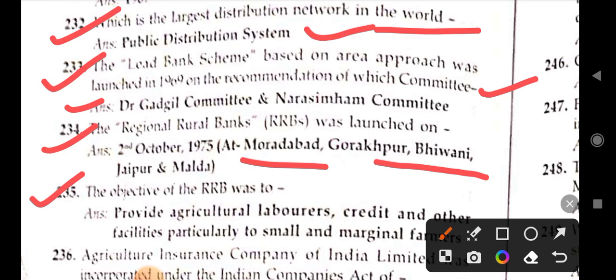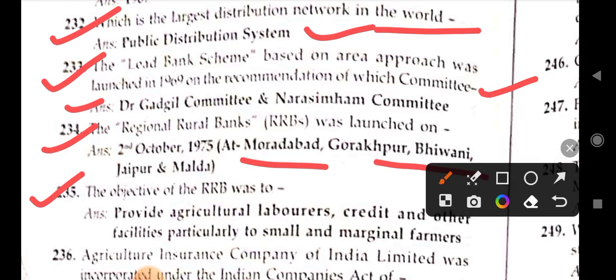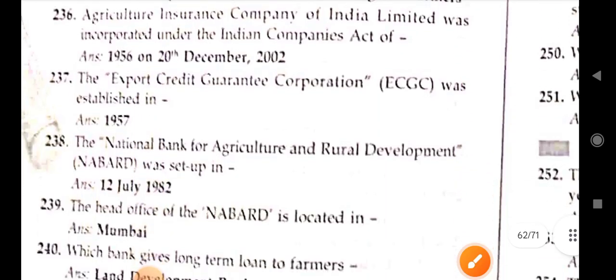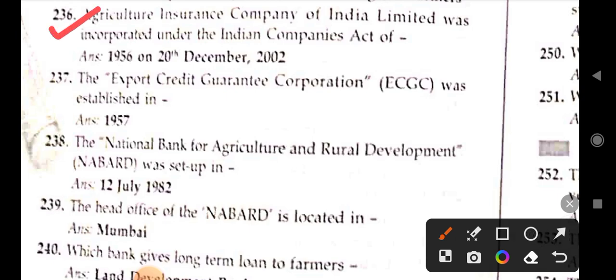The objective of RRBs was to provide agriculture laborers credit and other facilities, particularly to small and marginal farmers. Next, Agriculture Insurance Company of India Limited was incorporated under the Indian Companies Act of 1956 on 20 December 2002.